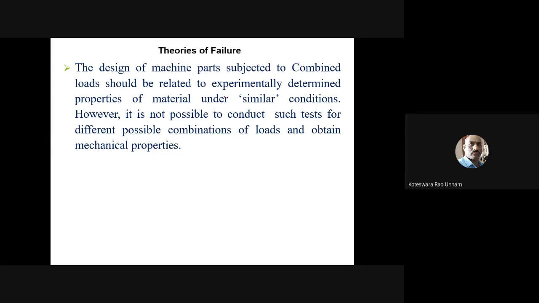Suppose I have a power screw which is subjected to tensile loads as well as a twisting moment. Whether that power screw is able to withstand those loads or not, how can I know that?